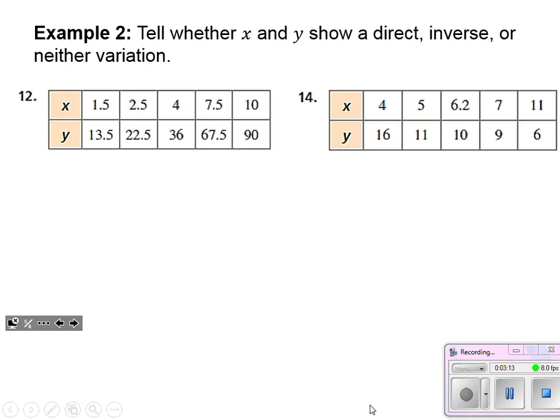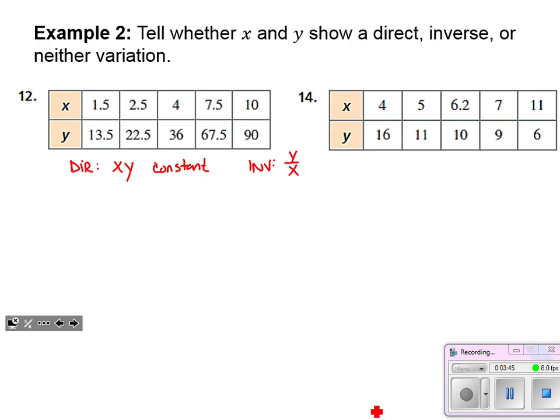All right, example 2, here we're looking for patterns, right? We're combing through some data that we're given and trying to find a pattern. And the key is, how do we tell if we had a direct or an inverse variation? So for direct, what we're looking for is the product x times y that remains constant. And for an inverse variation, that means the quotient y divided by x is constant.